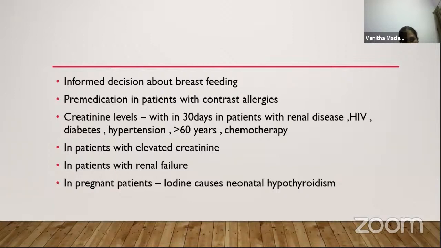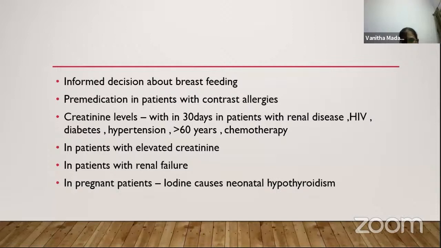If the GFR is less than 30, we have to take certain measures. It is better to avoid contrast. In case it is essential, then we have to take measures like proper hydration, along with administering N-acetylcysteine 600 mg BD at least 1 day prior to the CT contrast administration and 1 day after.